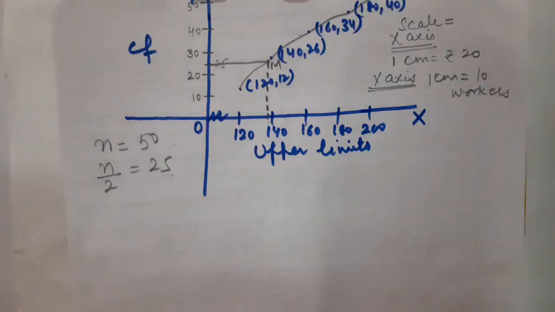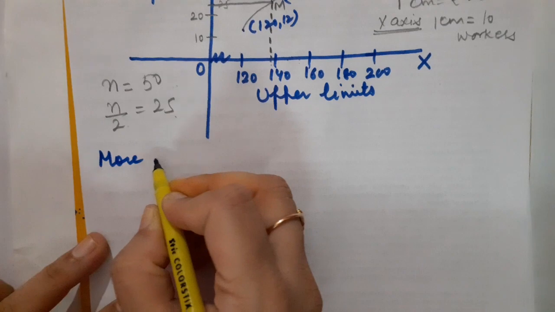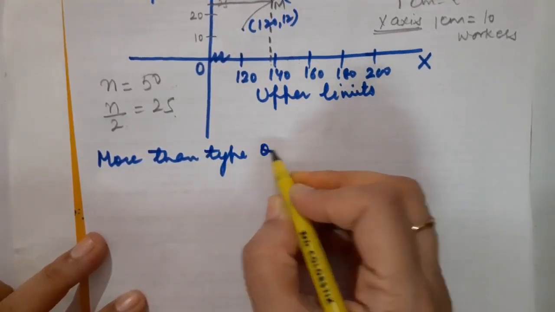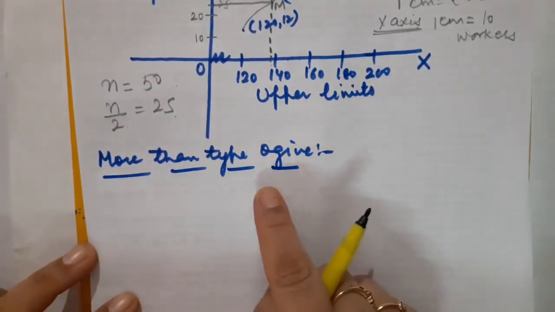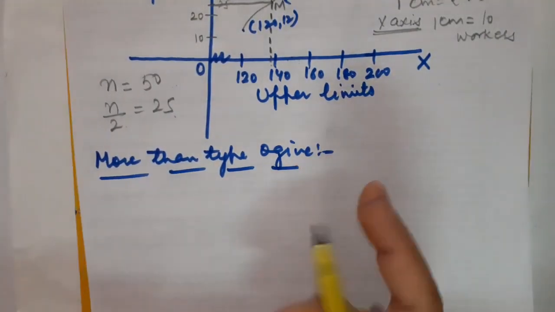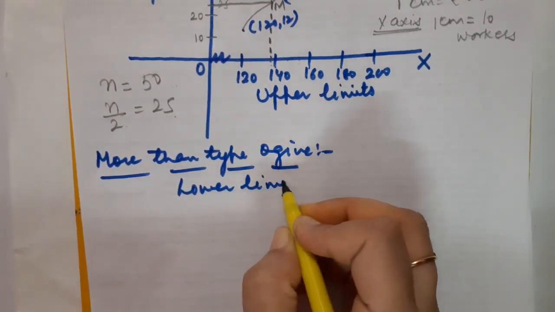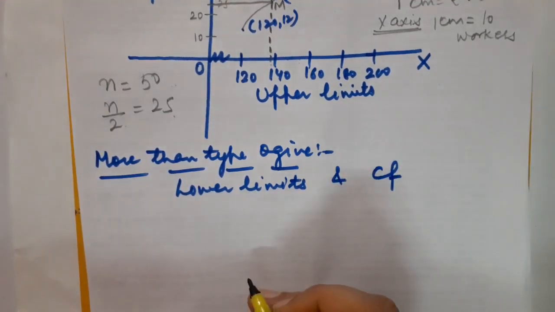Now let us switch to the next graph, that is more than type ogive. It is a graph between what? Between lower limits and cumulative frequency. Correct?